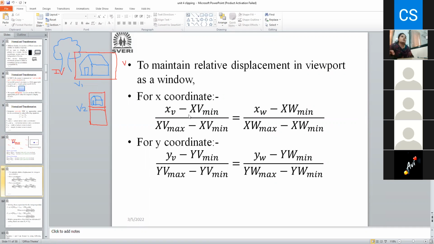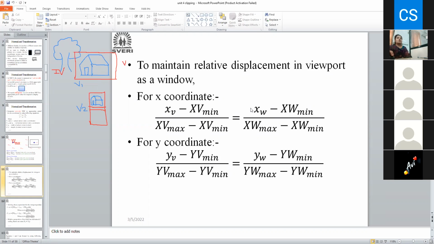Okay. So whatever the ratio is between xv minus xv min and the viewport range, the same ratio is there in the world coordinate system. So xv minus xv min divided by xv max minus xv min is equal to xw minus xw min divided by xw max minus xw min. So the ratio is maintained.